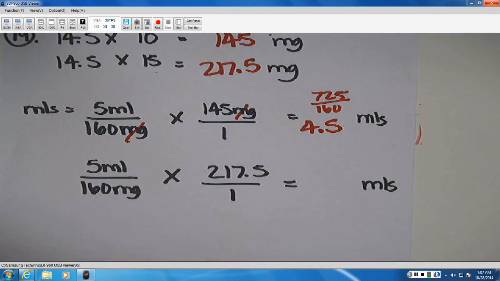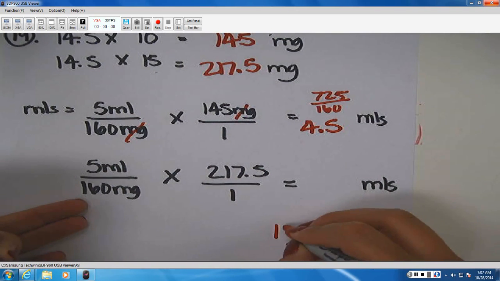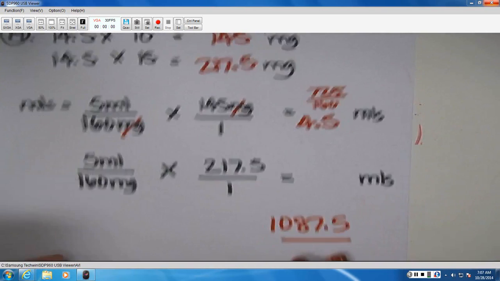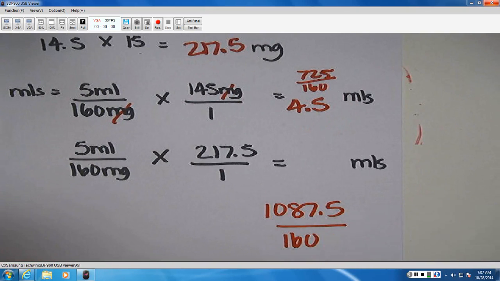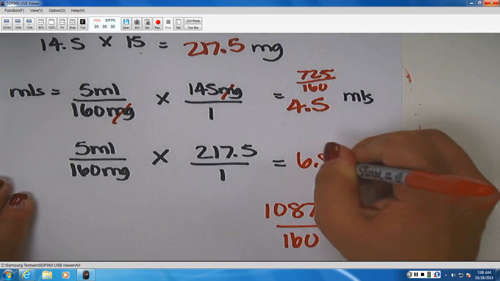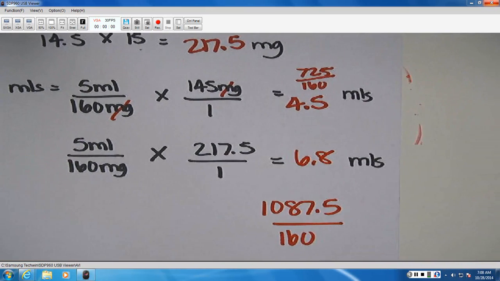So let's multiply across. So 5 times 217.5 equals, and I'm going to divide that by 160. So here I could give, it looks like, 6.8 mLs.